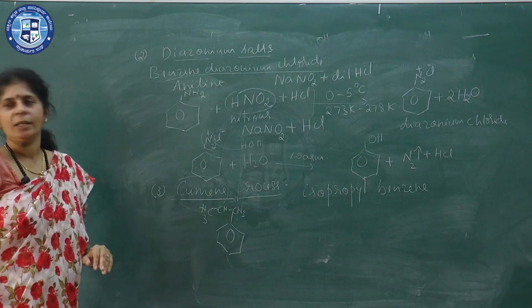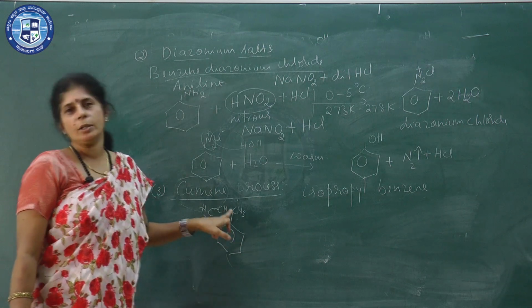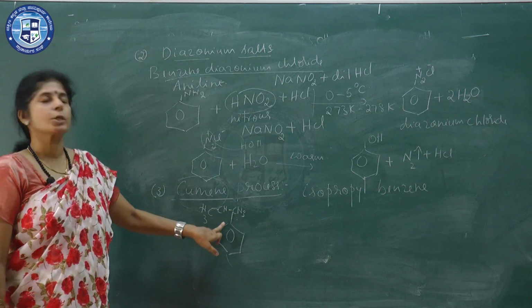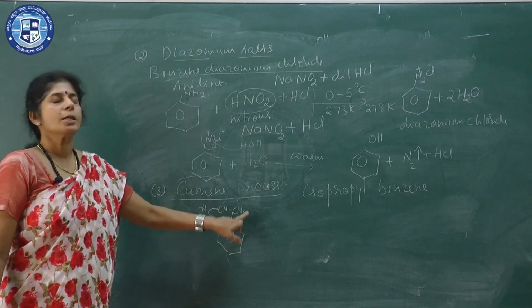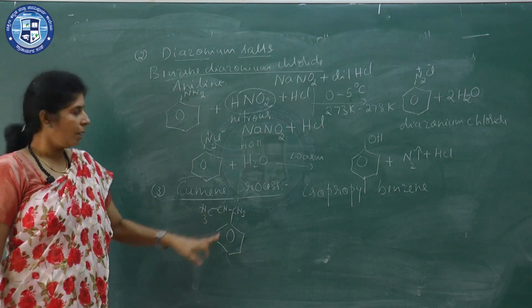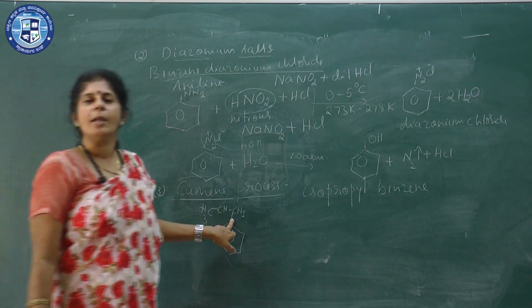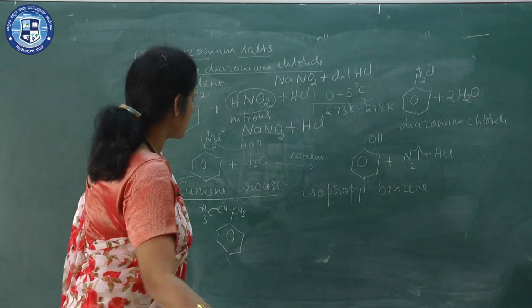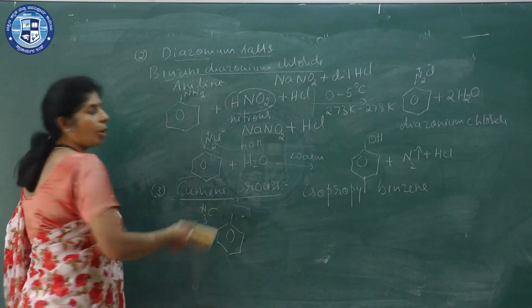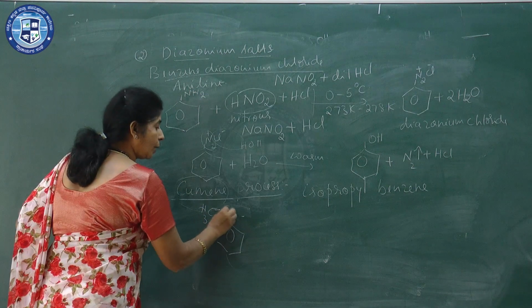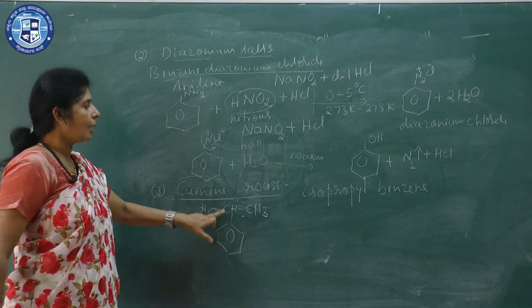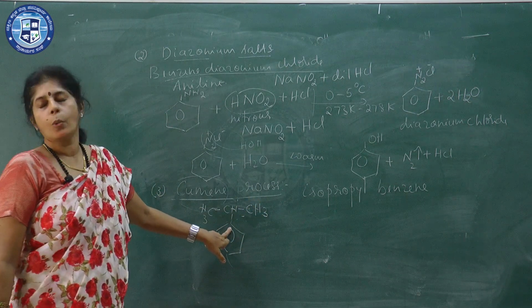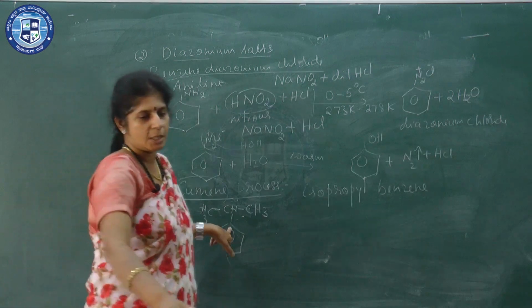Maybe in a hurry they forget where the bond should be, but this structure cannot be taken as isopropyl. Moreover, the structure itself is wrong. For this carbon atom, the valency becomes 4, which is not possible. So while writing the structure of cumene, all students have to take care that the bond is between the central carbon atom, the second carbon atom, and the aromatic or benzene ring.